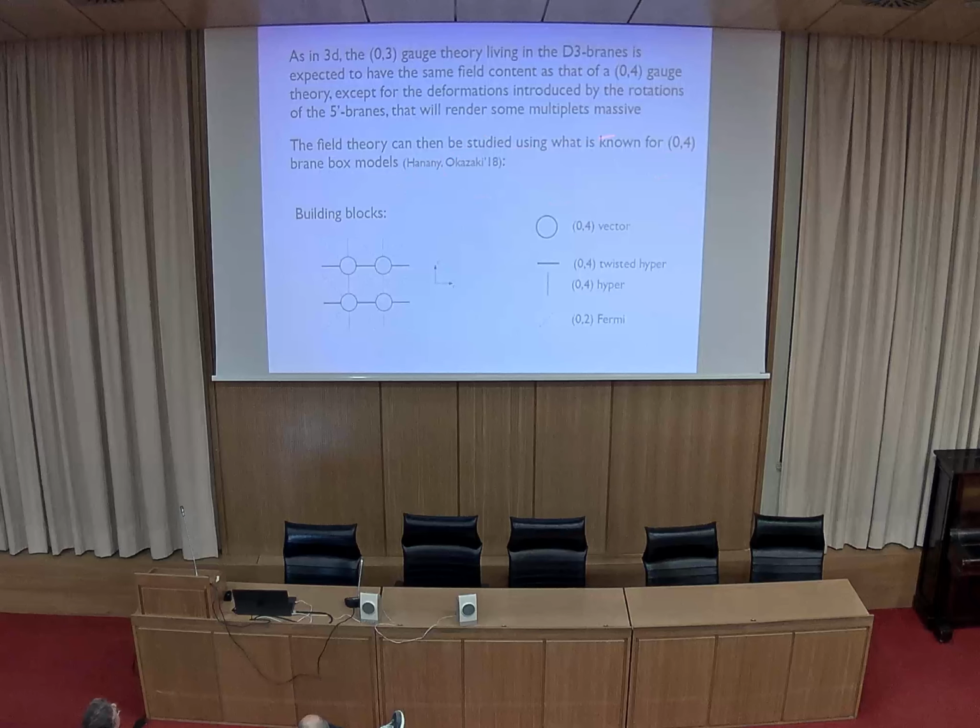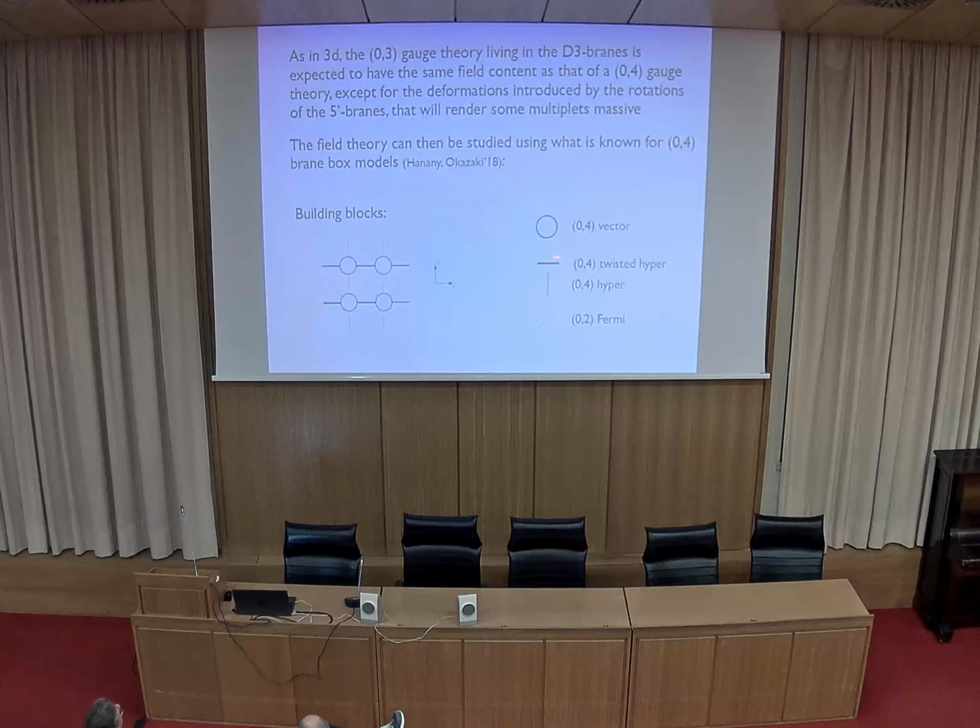And luckily, brane boxes with (0,4) supersymmetry were studied by Hanany and collaborators in quite some detail, and this is something that we borrow. So, in order to understand what is the field theory that lives in these brane intersections, you have to look at the quantization of the open strings that have both ends on the same stack of D3 branes to start with, imposing the boundary conditions that the two families of NS5 branes impose.